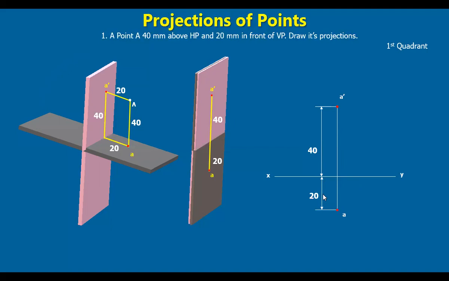Show the dimension. So like this is the typical way of showing the projections of a point. When this point is in the first quadrant, we got these projections. That's why we call them first angle projections. Okay, where the front view is above the reference line, top view is below the reference line.